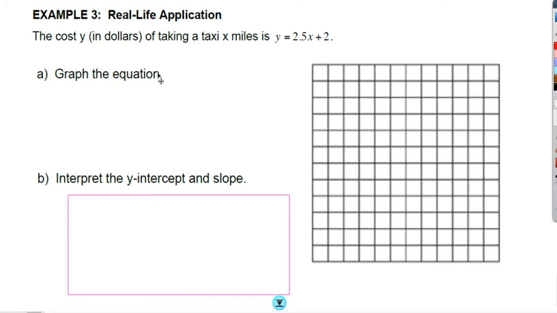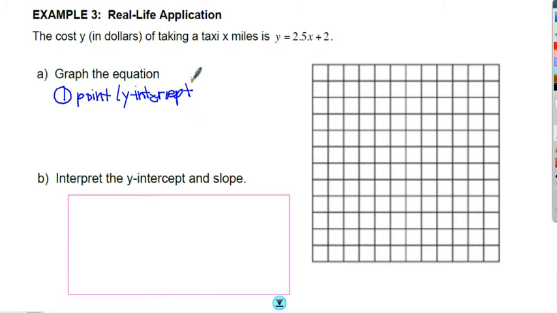We need to graph the equation and interpret the y-intercept and the slope. So again, to graph a slope-intercept form equation, we need a point, which will be the y-intercept, right? Just like we did in the previous example. We need a point.